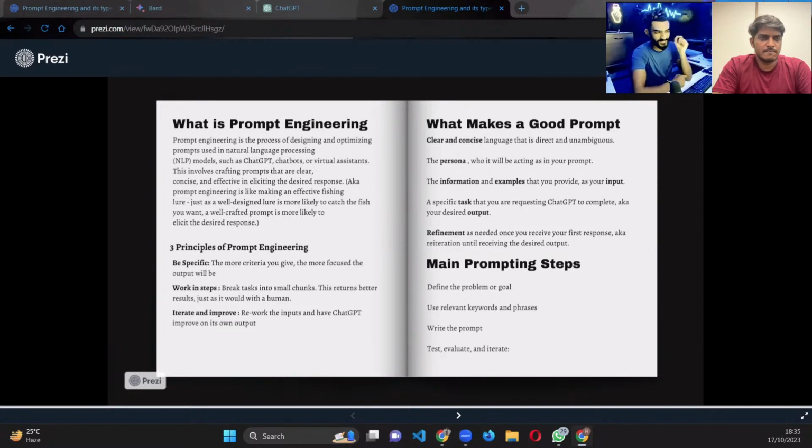Prompt engineering is a process of designing and optimizing the prompts that are used in natural language processing models. Now understand the words I have written here: natural language processing models. This model can be ChatGPT, this model can be your Bard, this model can be anything.